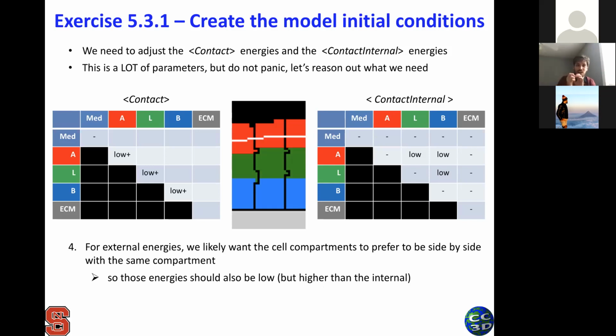So I'll put these things here as low plus. Something like this. Does it make sense? What I'm basically saying is that those cells like to align themselves apical, basal, right? But they should not like that so much that they would want the compartment to enter the inside of the other cell. So that's why they have to be low but higher than what you have internally.